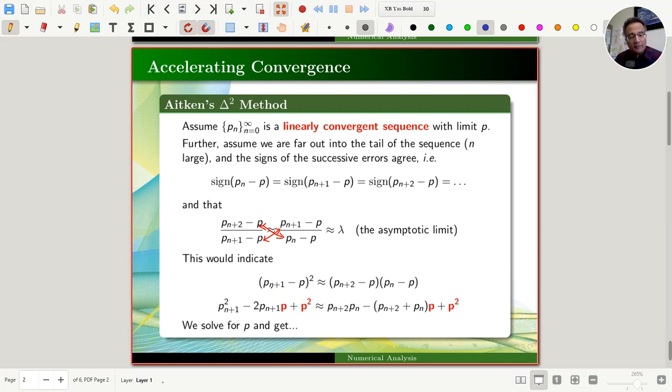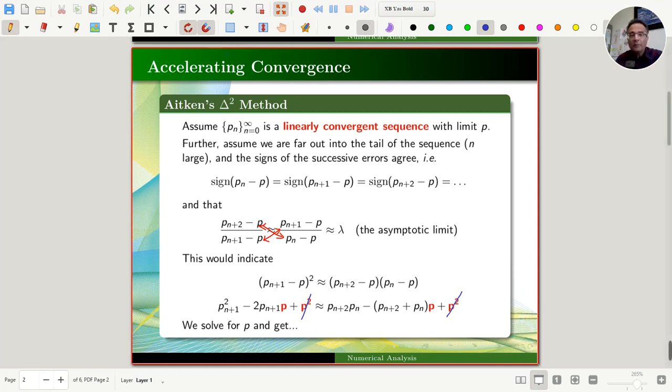And if we expand the left hand side and the right hand side, we will get Pn+1 squared minus 2 Pn+1 P plus P squared is almost equal to Pn+2 times Pn minus Pn+2 P minus Pn P plus P squared. We cancel P squared from two sides and we try to find P from this equality.